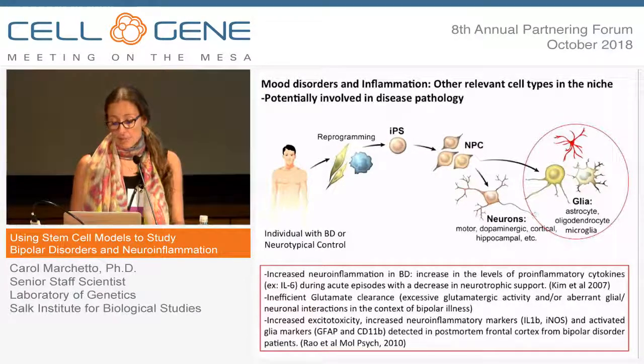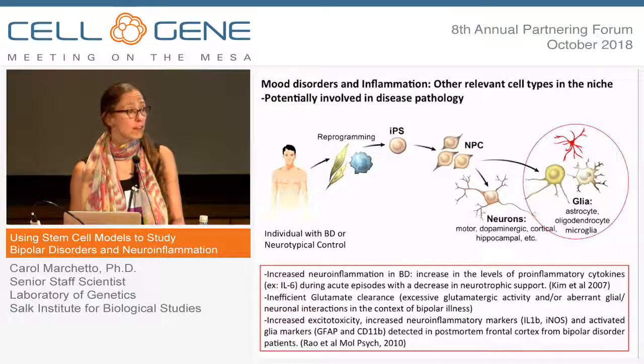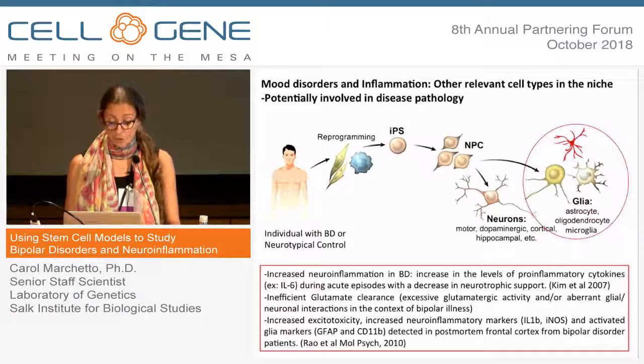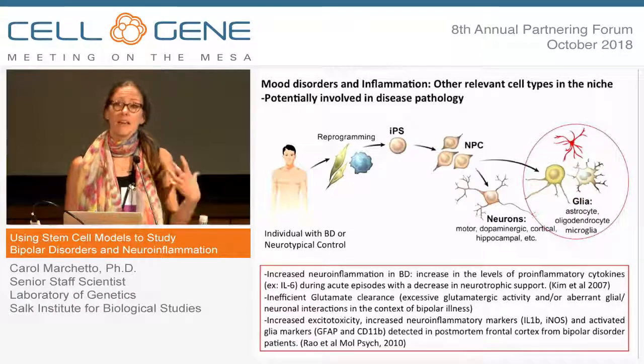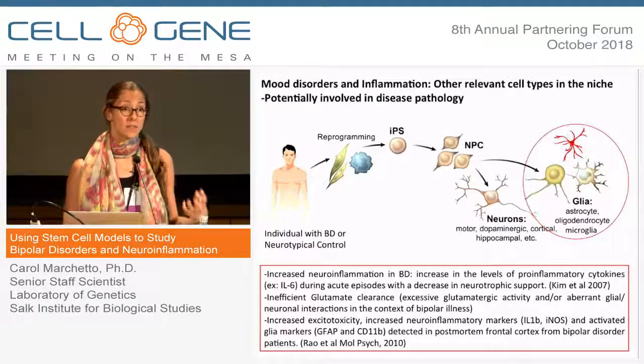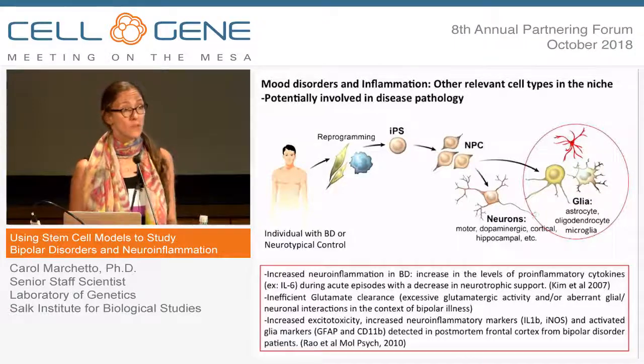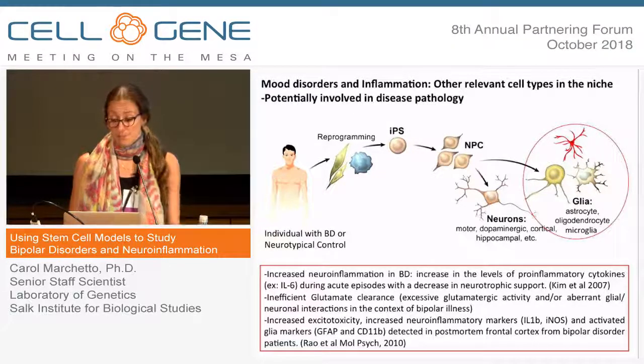Specifically in BD, increased levels of pro-inflammatory cytokines have been shown in patients, and also increased excitotoxicity. And maybe that was an interesting way to start teasing those things apart using different cell models.